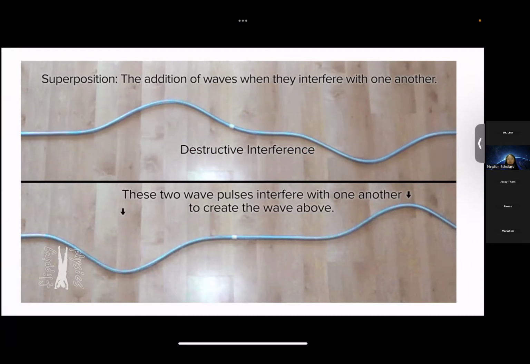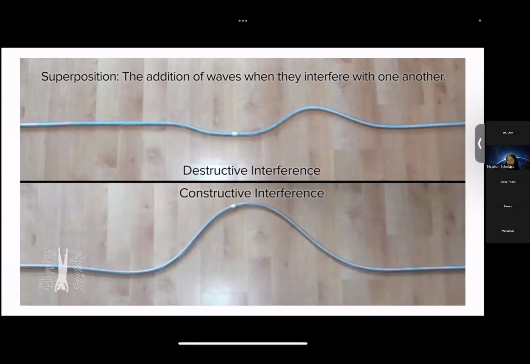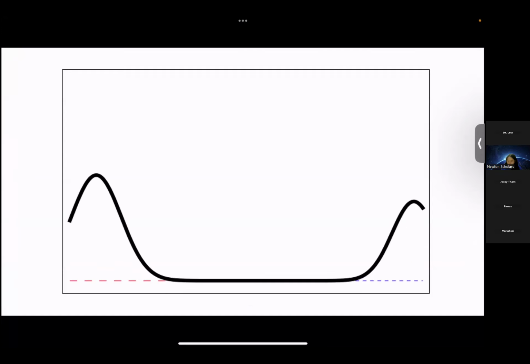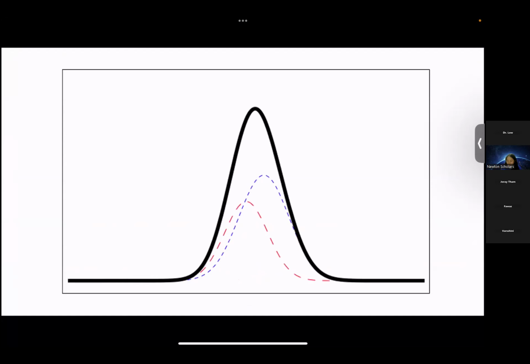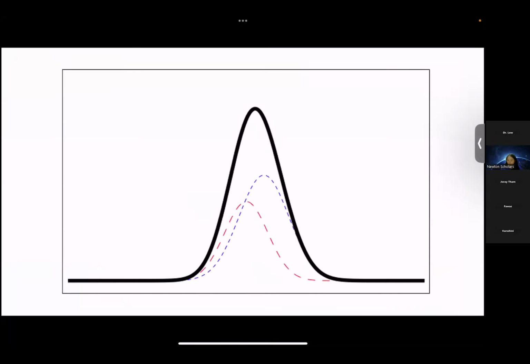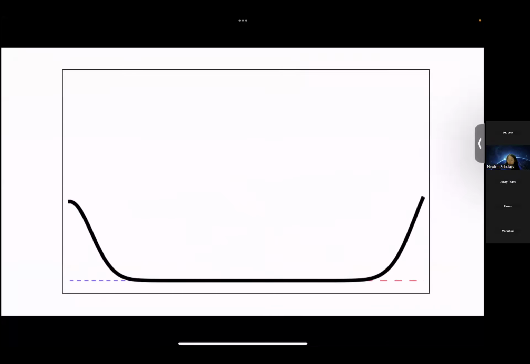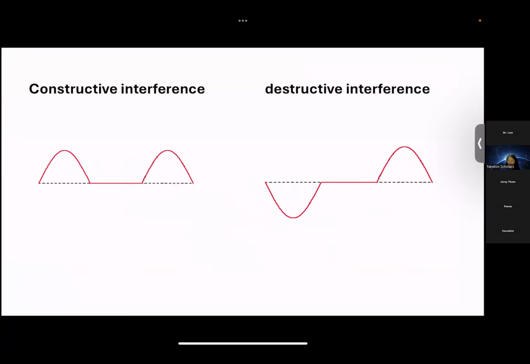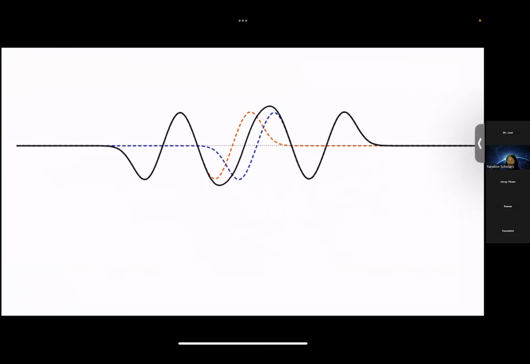They separate out. This is called destructive. So this one meets up, becomes bigger. A plus 2A becomes 3A. So this one is called constructive interference. So here, constructive and destructive.